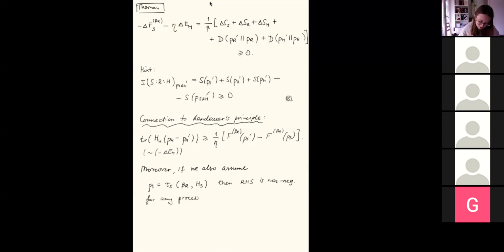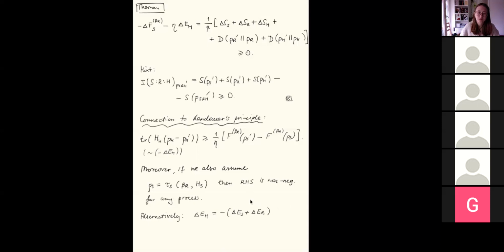So alternatively, we have to express the delta E_H here via the changes of energy for the target system and the cold reservoir.